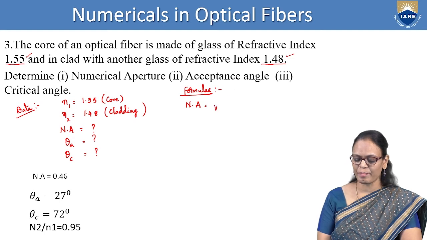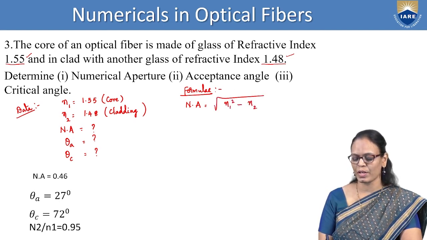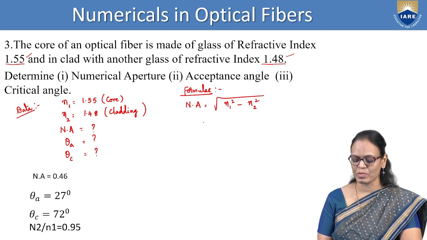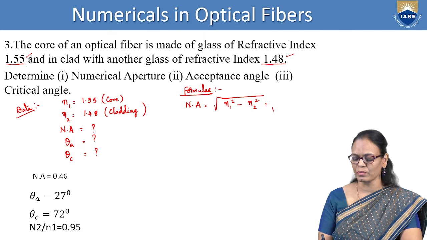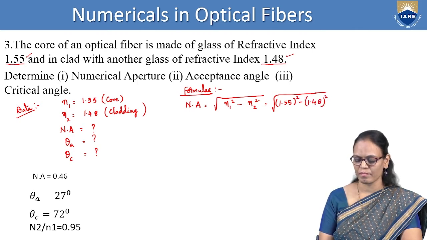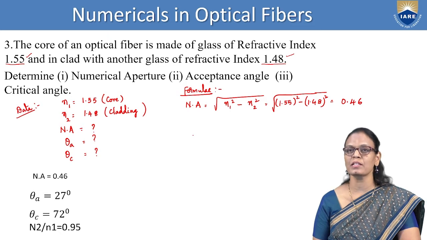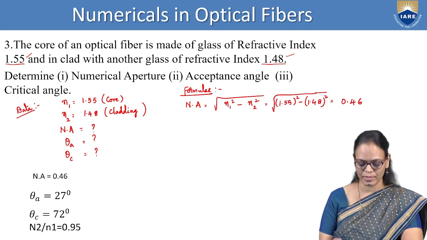Numerical aperture is given by under root N1 square minus N2 square. So this is equal to under root 1.55 square minus 1.48 square. So that gives us 0.46. So the numerical aperture is 0.46.